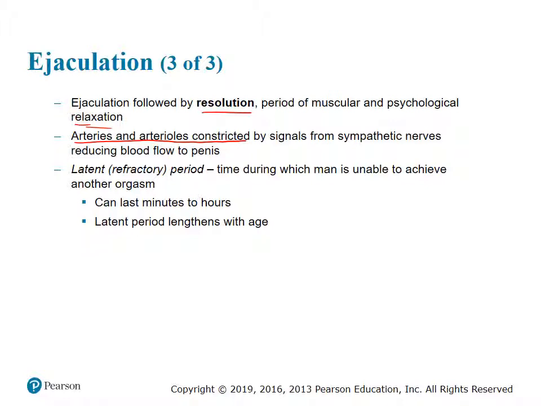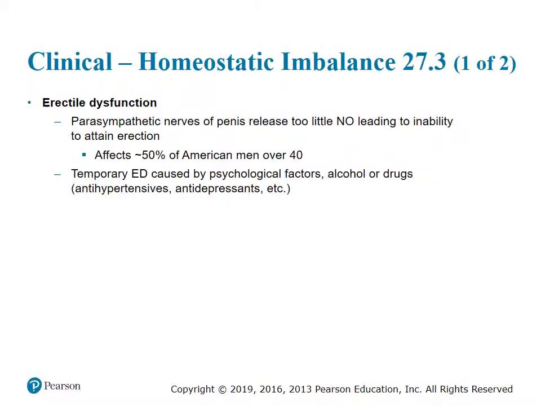And so we see that there, right? What we call the latent period, just like we do in the nervous system, is when a man is unable to achieve another orgasm. That can last from minutes to hours, and that latent period increases with age, right?